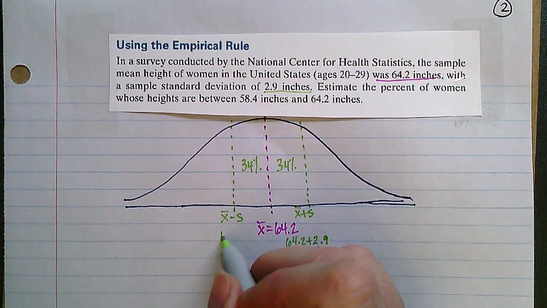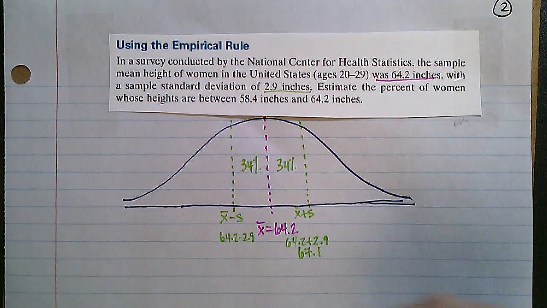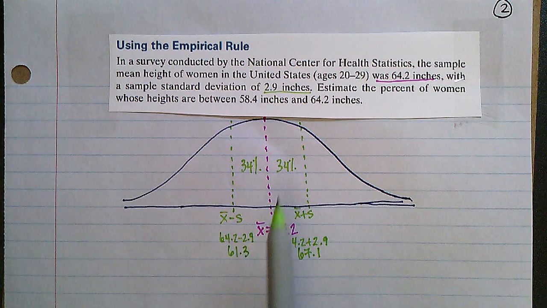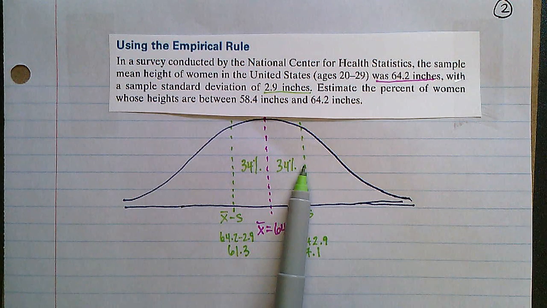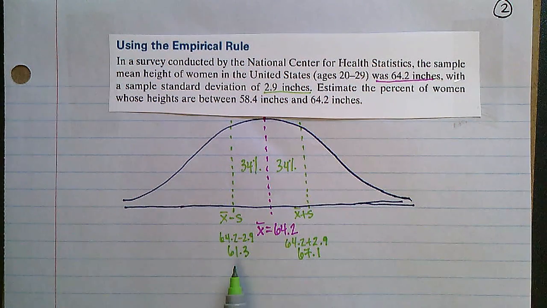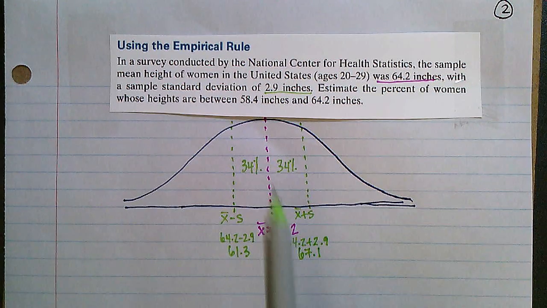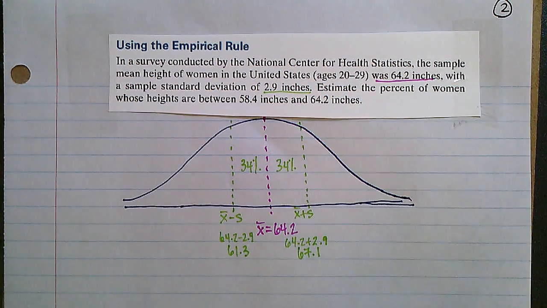So 64.2 minus 2.9, which gives us a value of 61.3. So now I could tell you that 68% of women between the ages of 20 to 29 are between 61.3 and 67.1 inches. But they want to know between 58.4 and 64.2. So we're going to keep going.